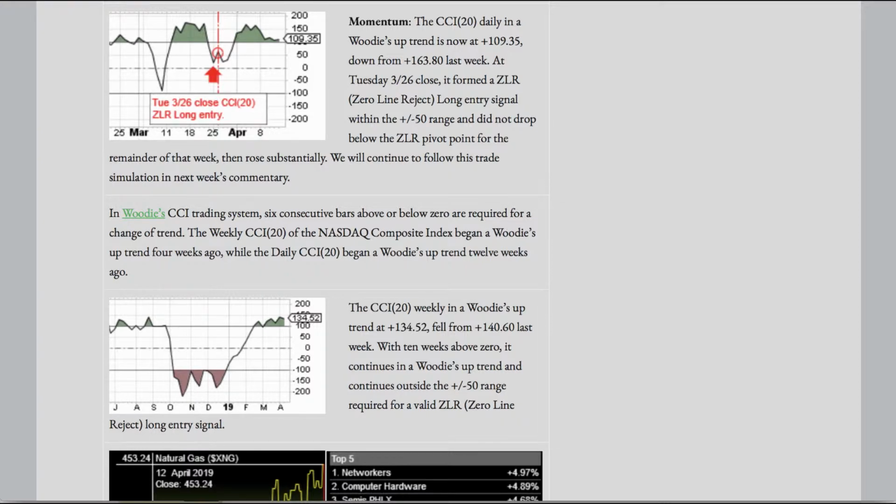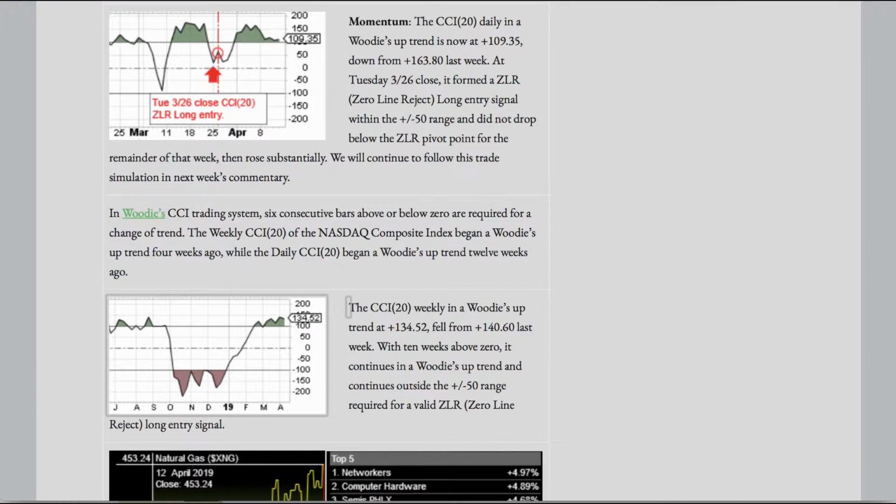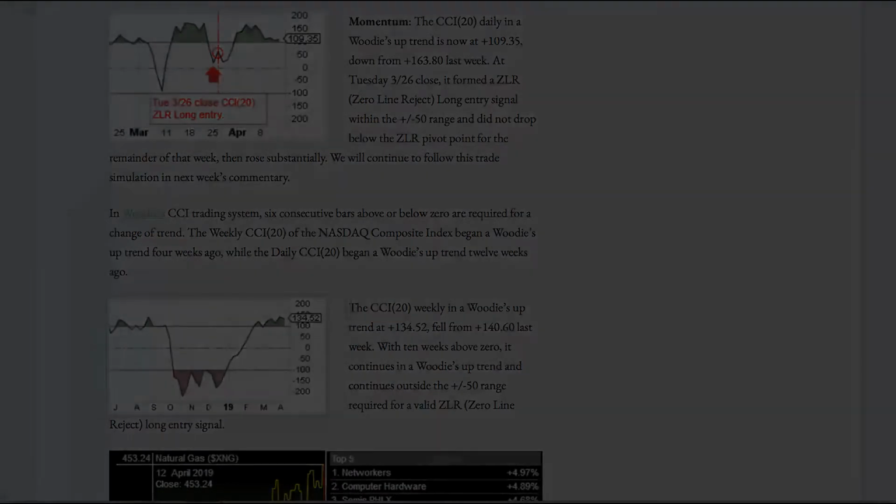The CCI 20 weekly in a Woody's uptrend at a positive 134.52 fell from a positive 140.60 last week. With 10 weeks above zero, it continues in a Woody's uptrend and continues outside the plus or minus 50 range required for a valid zero-line reject long entry signal.